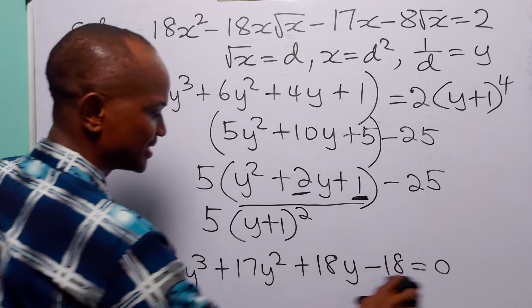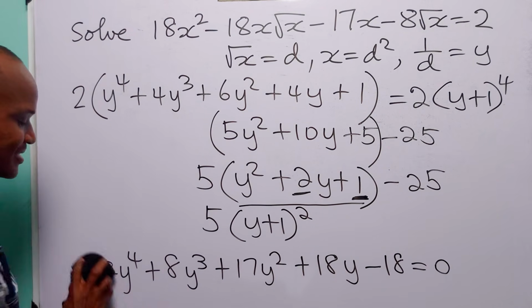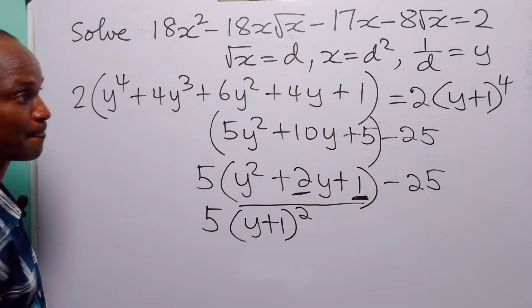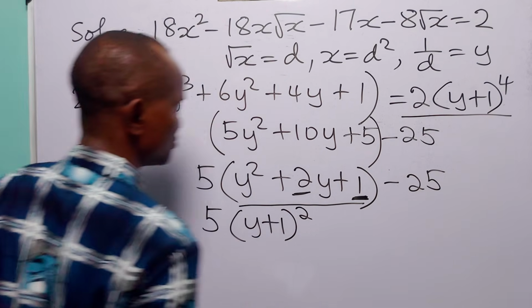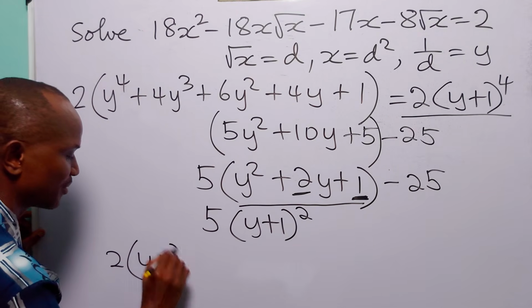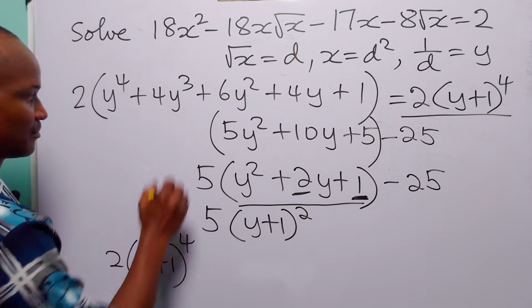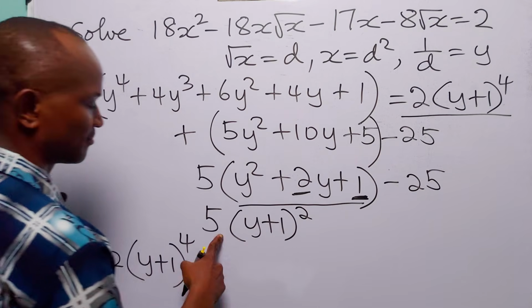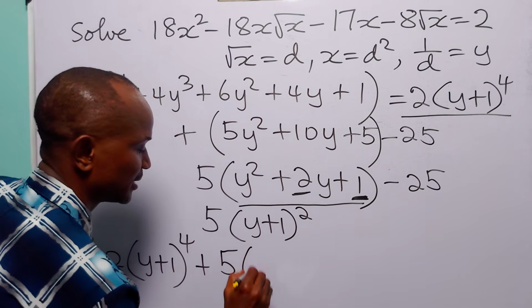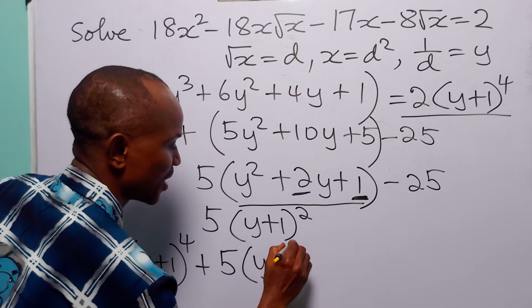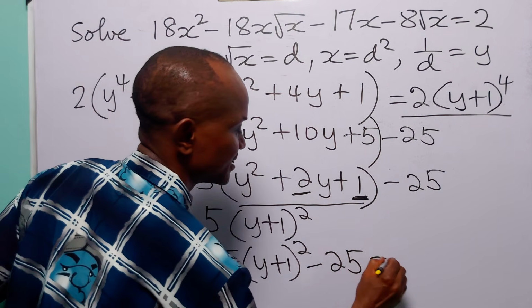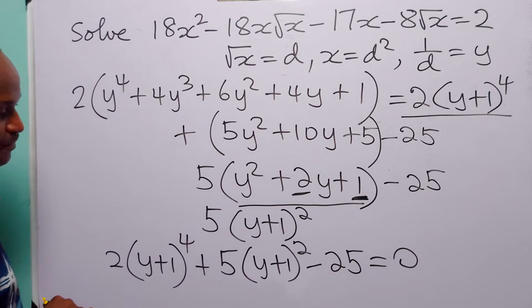Now, this simply means that we can write this equation as 2 times y plus 1 to the power 4 plus 5 times y plus 1 squared minus 25.